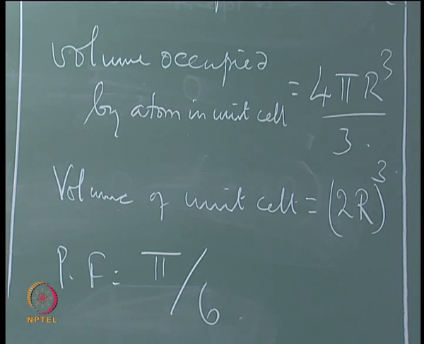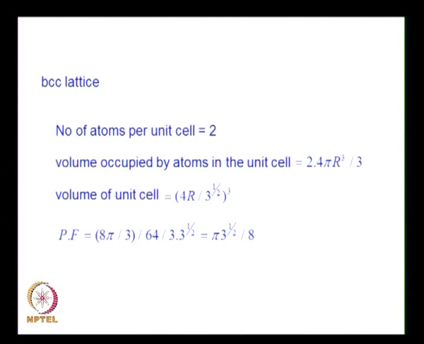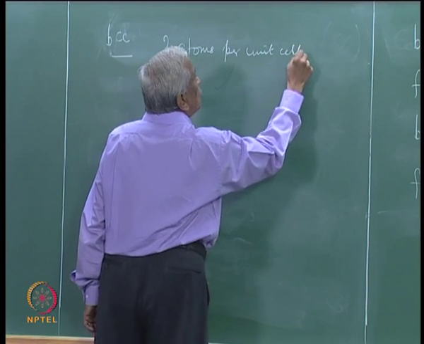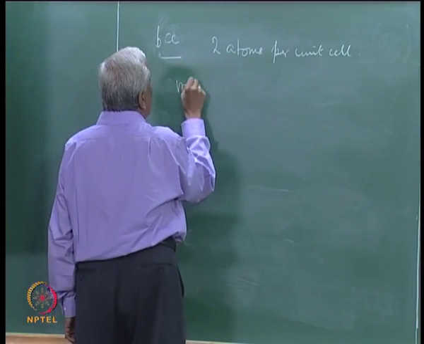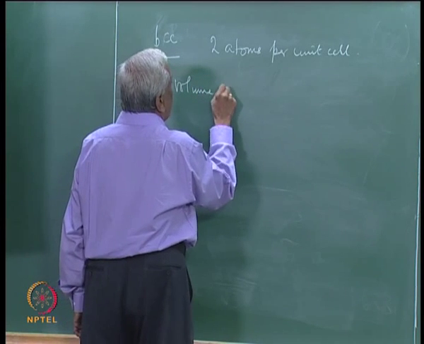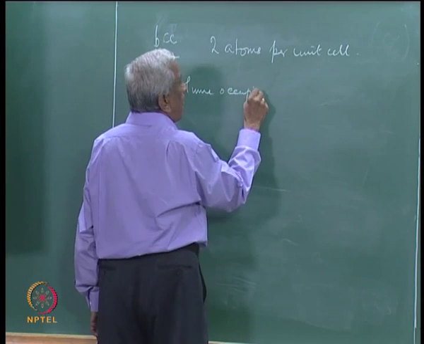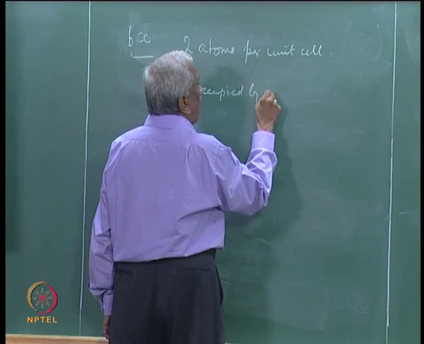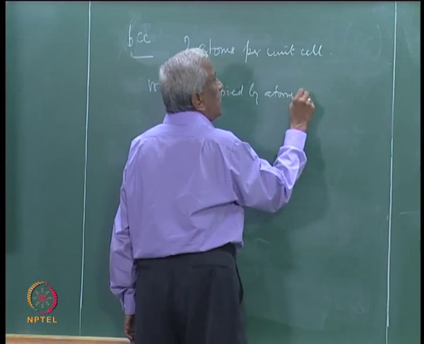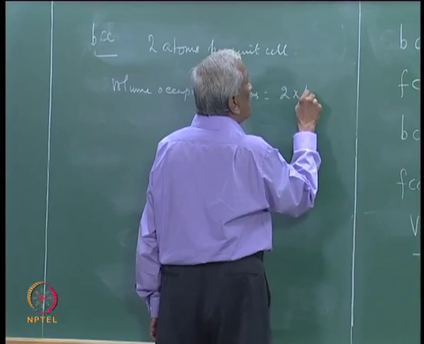Next, we consider the BCC structure. For the BCC, there are two atoms, one at the body center and one at the corners, 2 atoms per unit cell. Therefore, the volume occupied by atoms equals 2 into 4 pi r cube by 3.